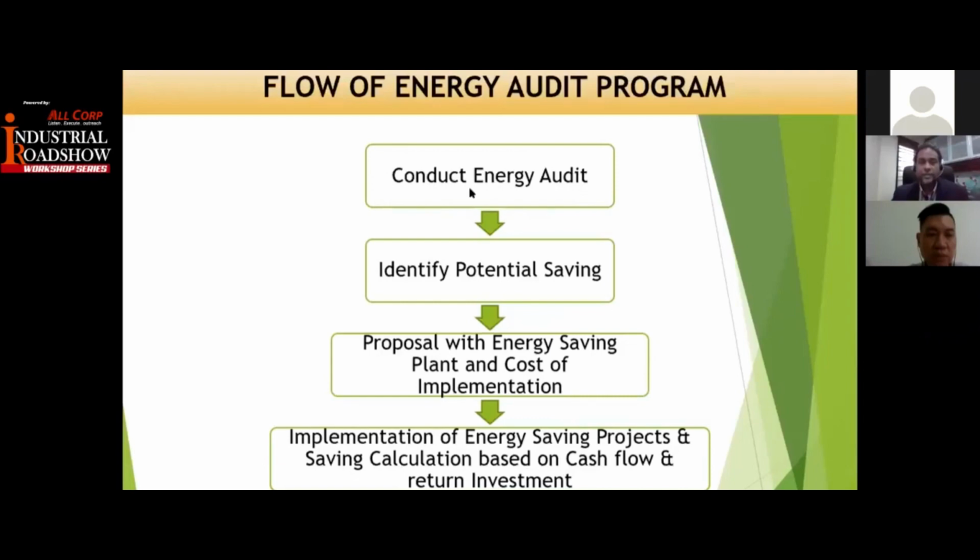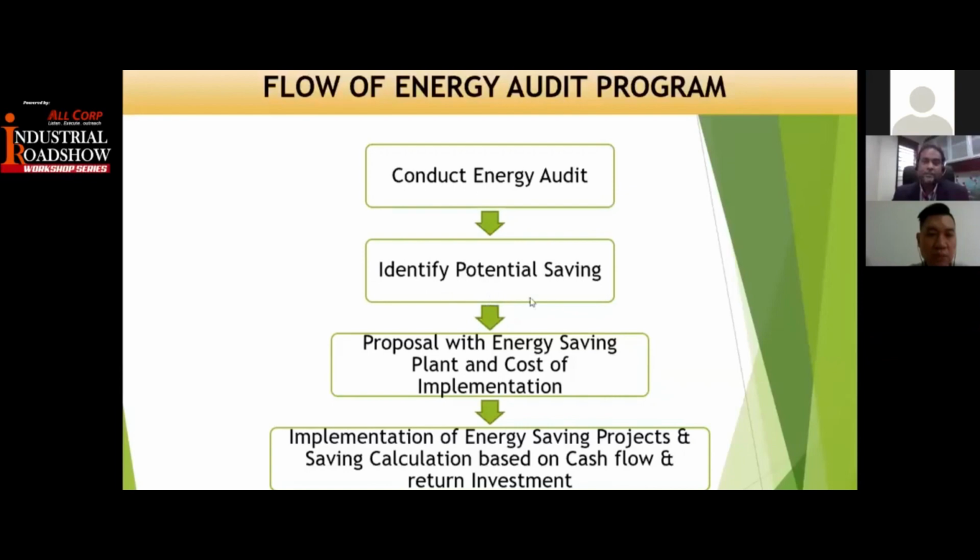Or you can do a simple one, which gives you a first indication of what your energy use is all about. Then if you know there's a big potential saving in a certain area, it's right for you to engage the right consultant to do the detailed audit.